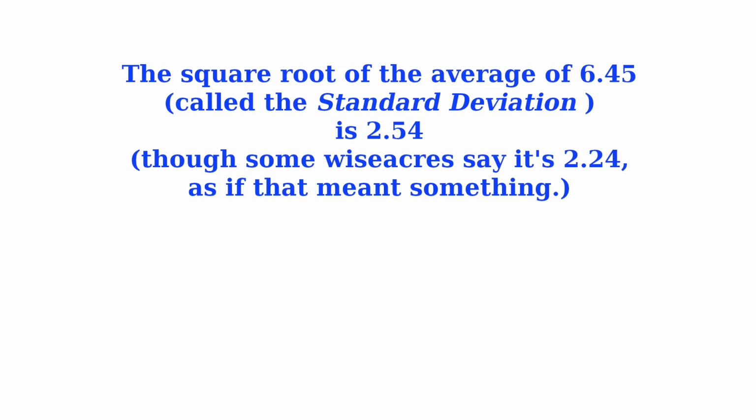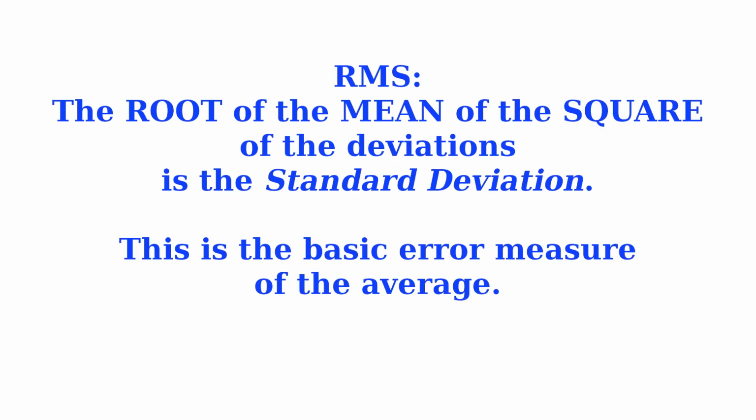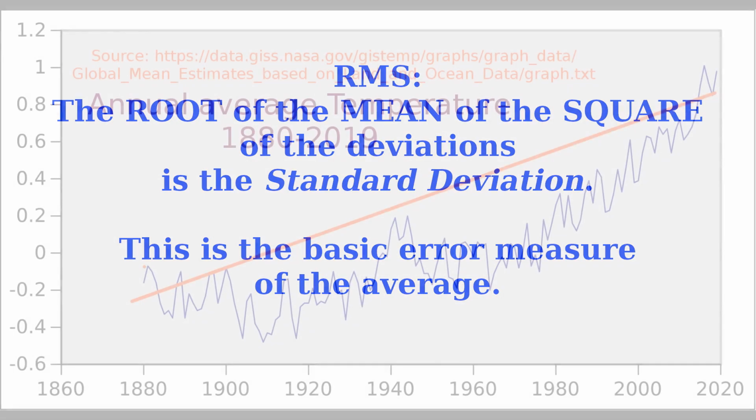This is called the RMS error, where RMS stands for root of the mean of the square. The root of the mean of the squared deviations. Since this is the standard way to get the deviation from the average, statisticians call it the standard deviation.